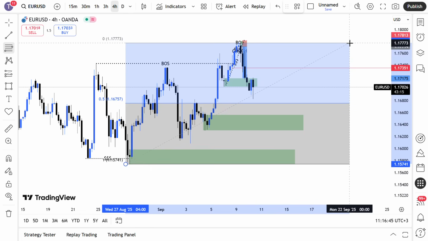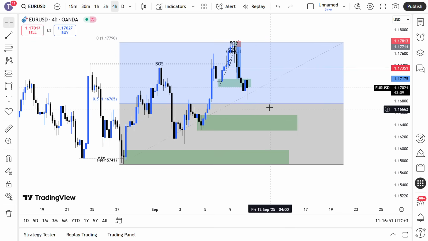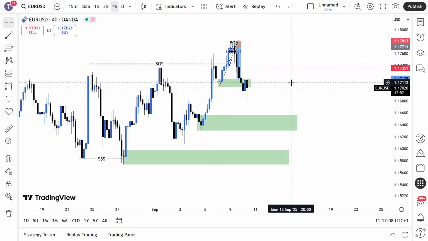You can see if I take my fib level and put it from the low to the high, the market has not come into the 50% discount level. So I expect more sells. Either we get a reaction from this level, or the market pushes down to the extreme zone, so that we can look for buys from down here to the upside.